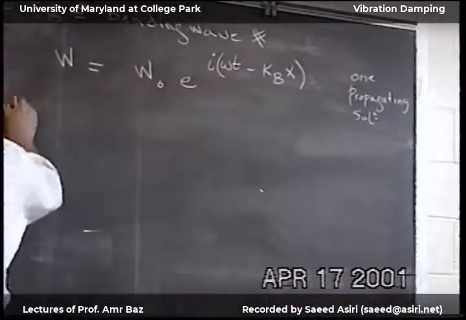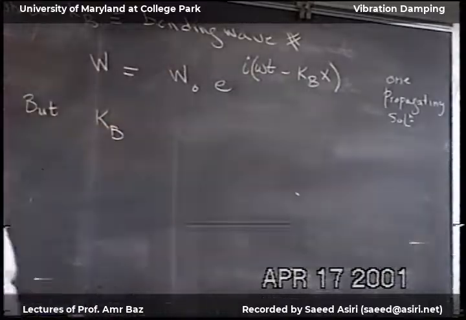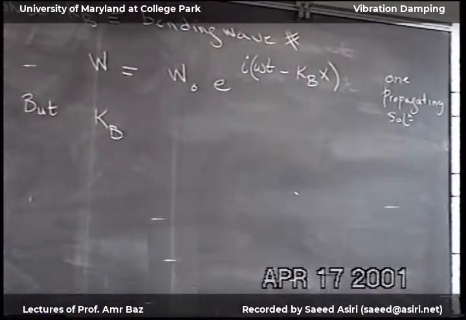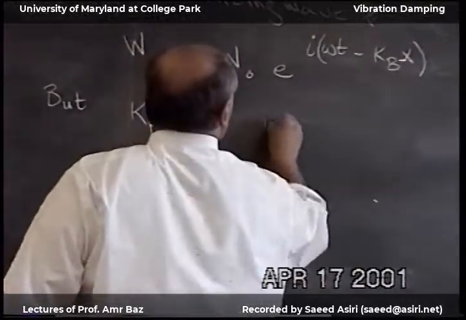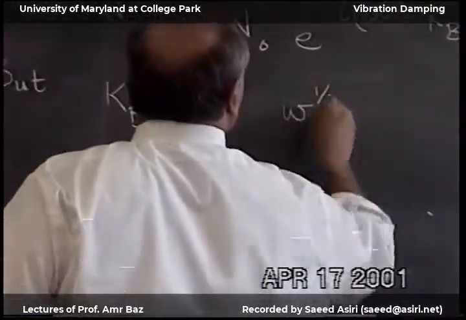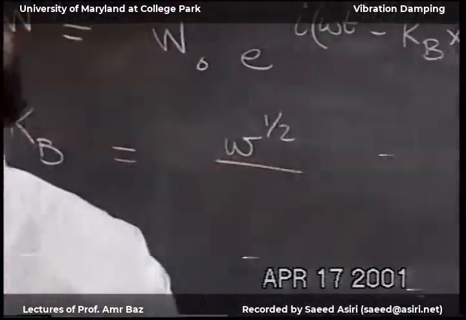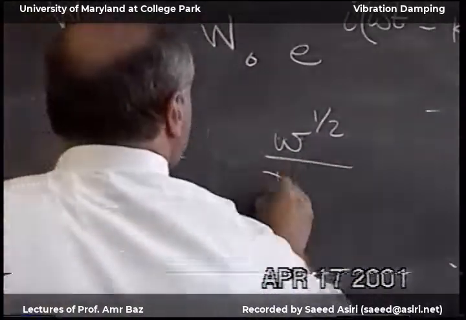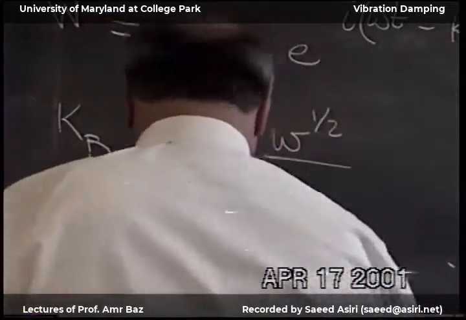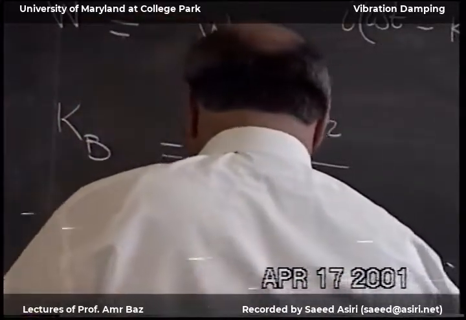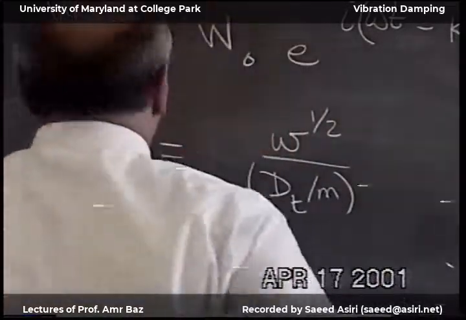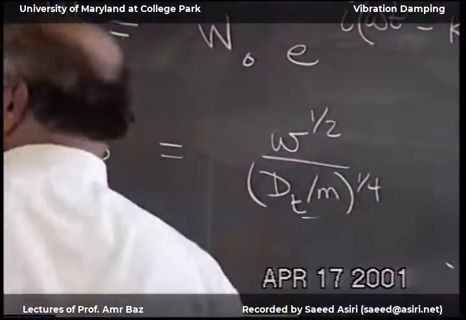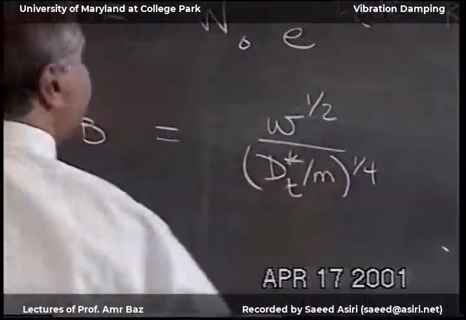But this k b is equal to omega to the 1/2 divided by d t over m, and the d is a complex number, is right here.